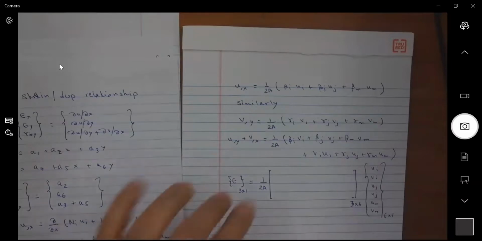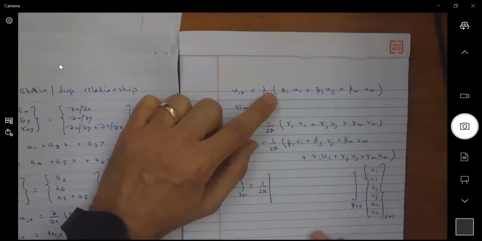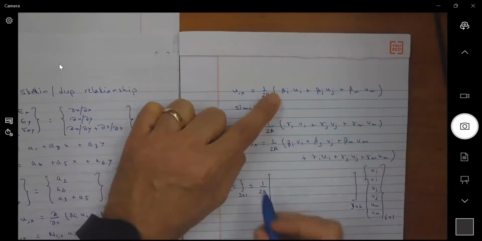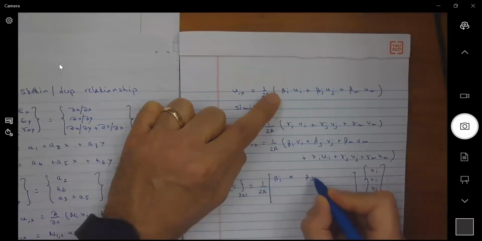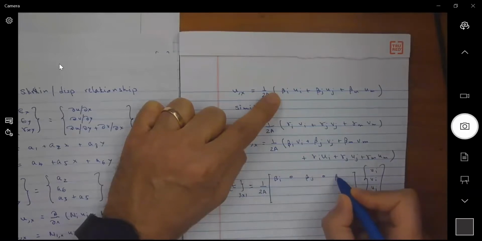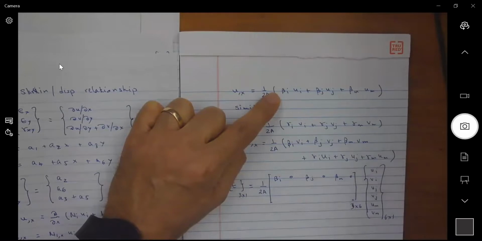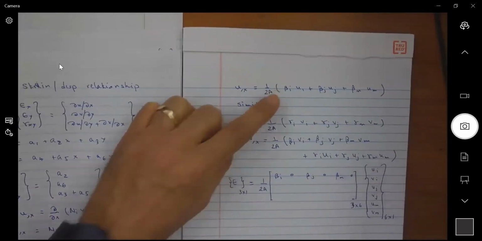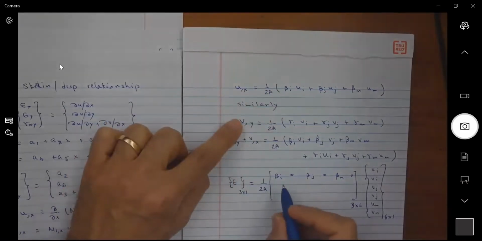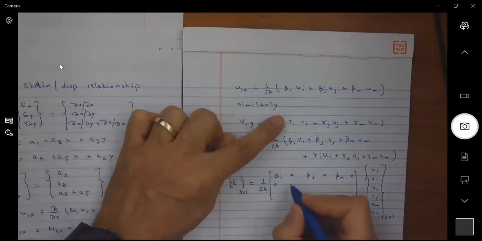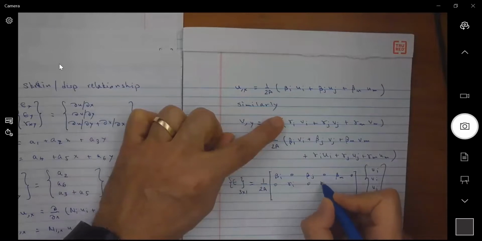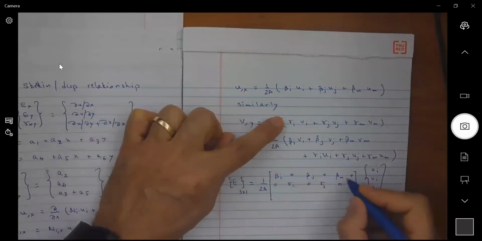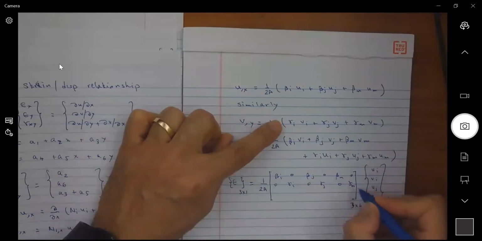Now for this 3 by 6, we're going to get the coefficients from here. So I have a beta i, then a 0, then a beta j, then a 0, then a beta m, then a 0. For v, I get a 0, then a gamma i, then a 0, then a gamma j, then a 0, and a gamma m.